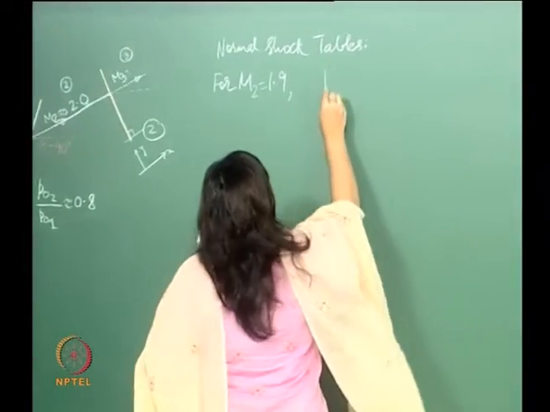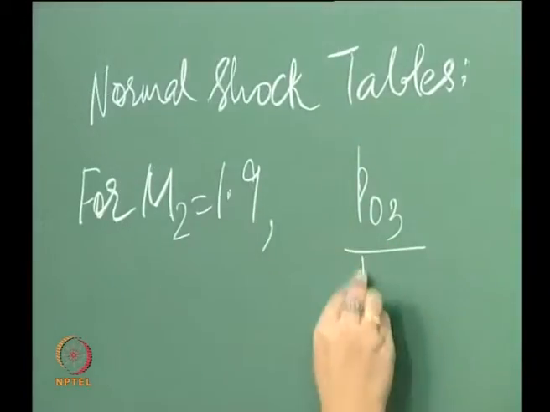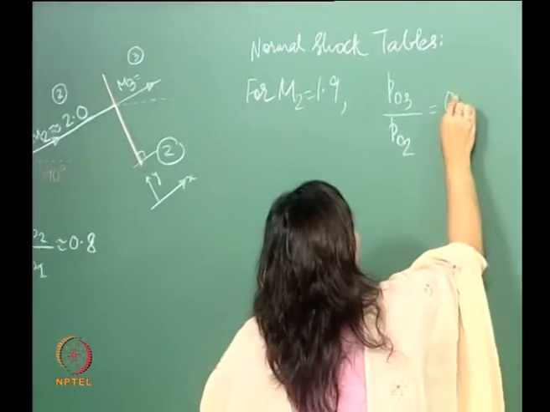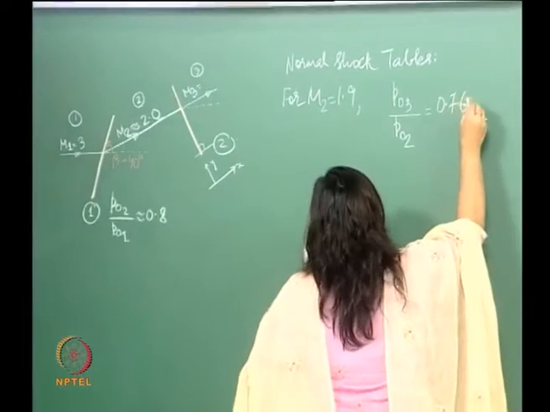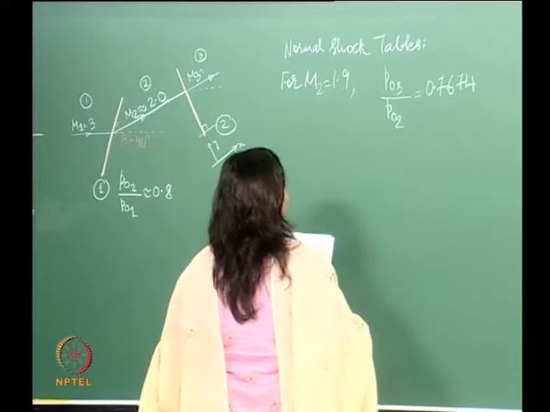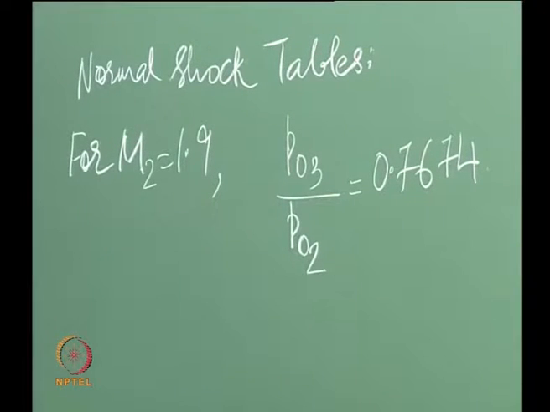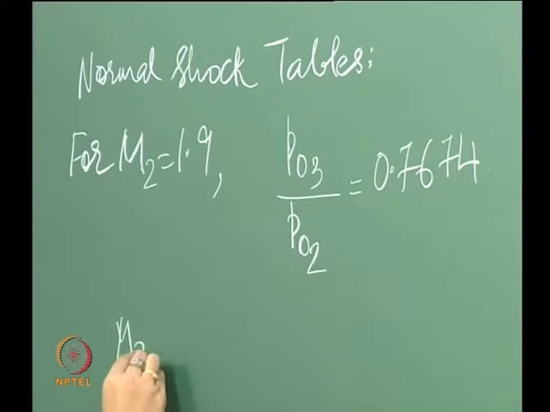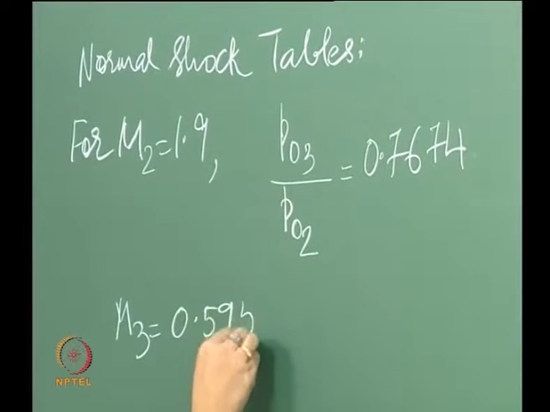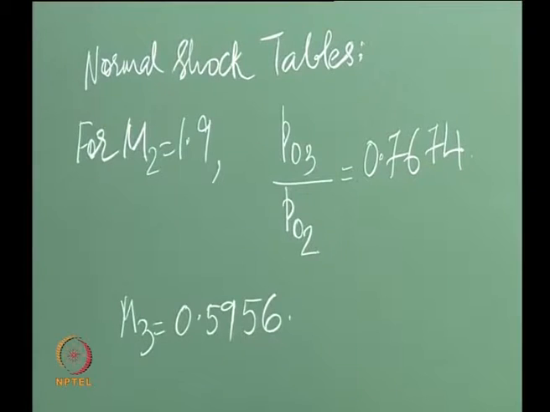Essentially we get a ratio for P03 by P02, which is nearly 0.8, and M3 comes out to be 0.5956, which is nearly 0.6.